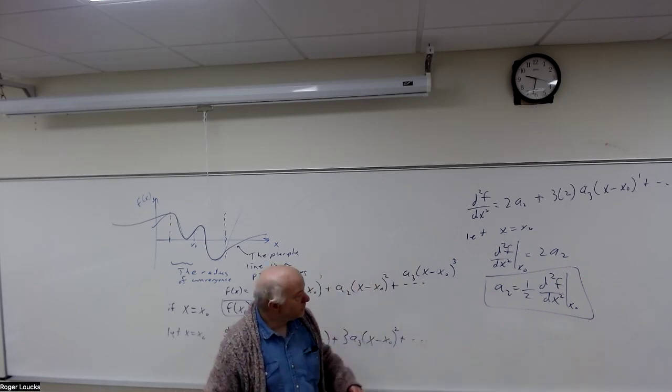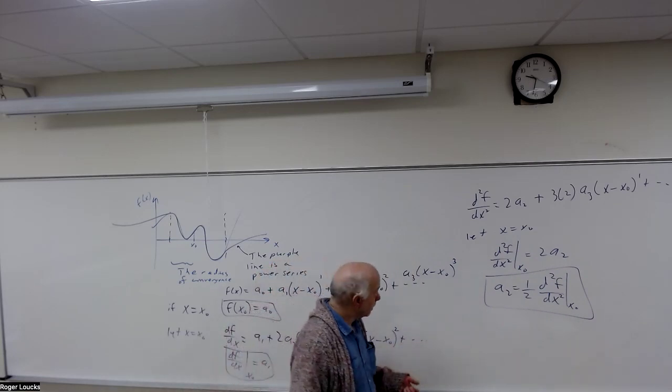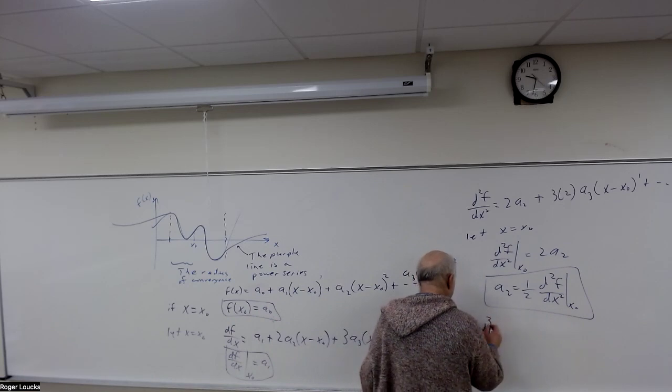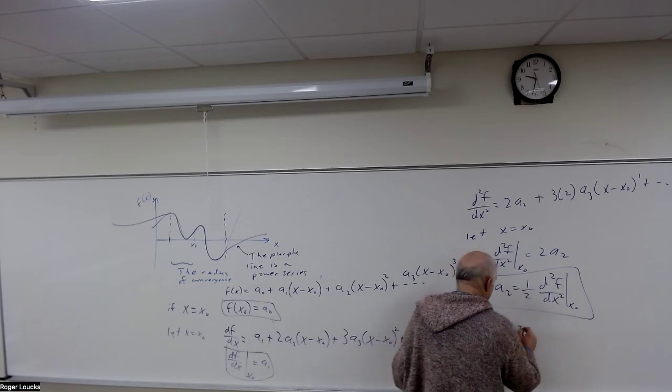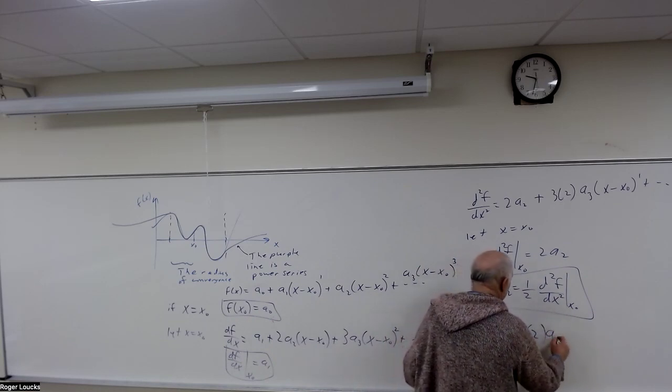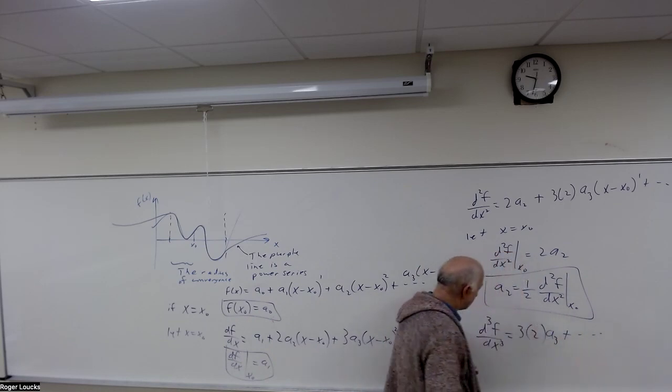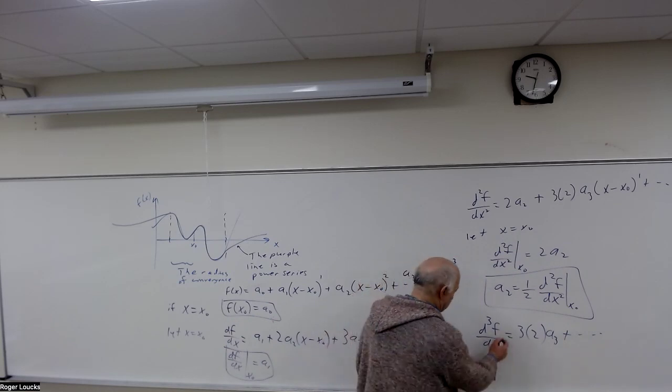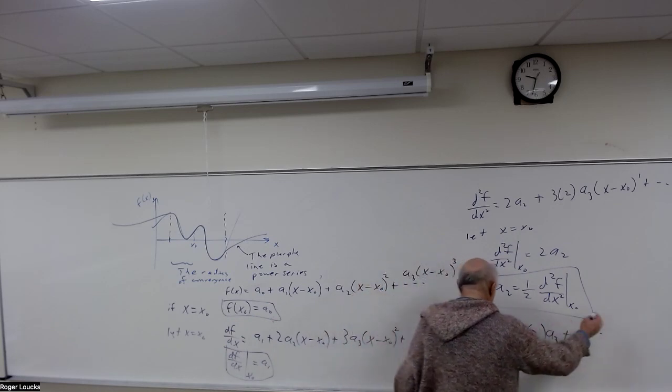How do you then find a3? You do another derivative. If I do this one, that will give me 3 times 2 times a3 plus so on. And again, I evaluate this at x naught. The other terms go to 0.